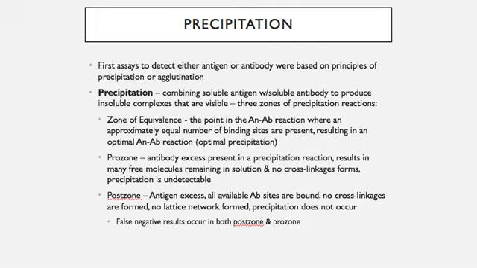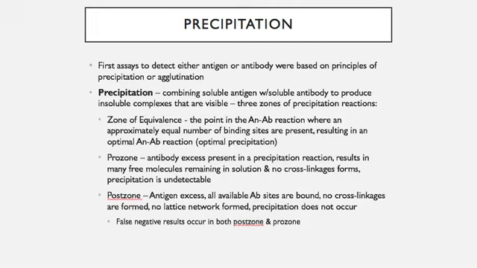Prozone is when there is an excess of antibody present, so it results in a lot of free molecules remaining in the solution. You don't have those cross linkages that form, so the precipitation reaction is undetectable.